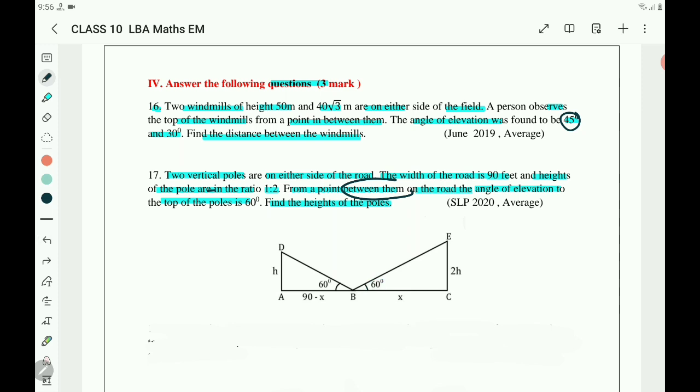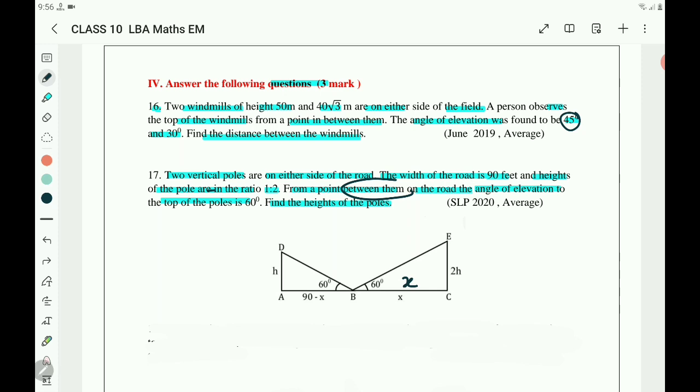Here, if you take this distance as x, then naturally the other distance becomes 90 minus x, because the total distance, the width of the road, is 90. So from B to C it is x, then the remaining length from B to A must be 90 minus x.